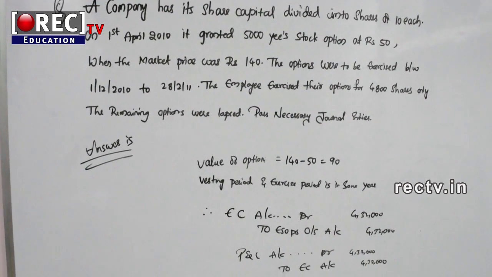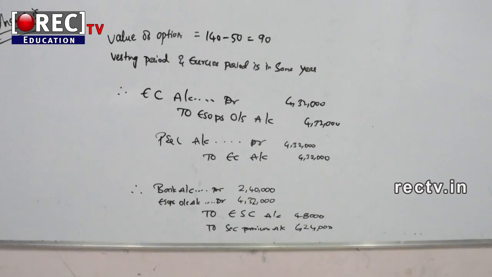Here the answer is, the value of option is 140 minus 50, 90, and the vesting period and exercise period are in the same year. So the entries will go like employee compensation account debit to ESOPs outstanding account, that is 4,32,000, and the employee compensation account should be written off to the P&L account.